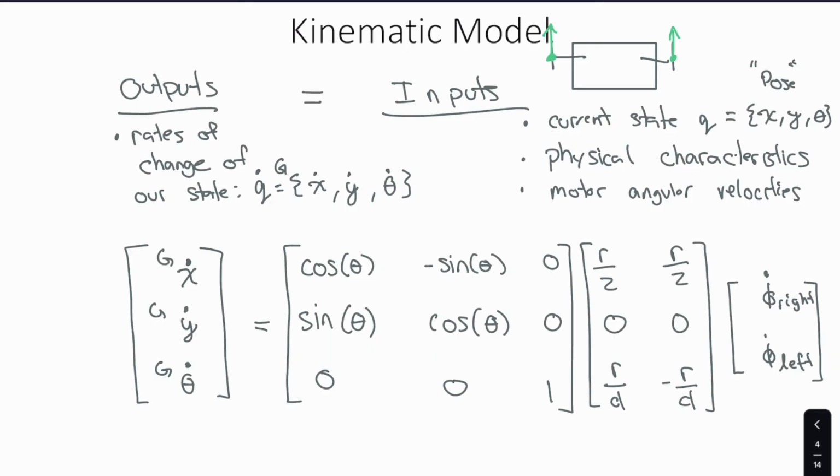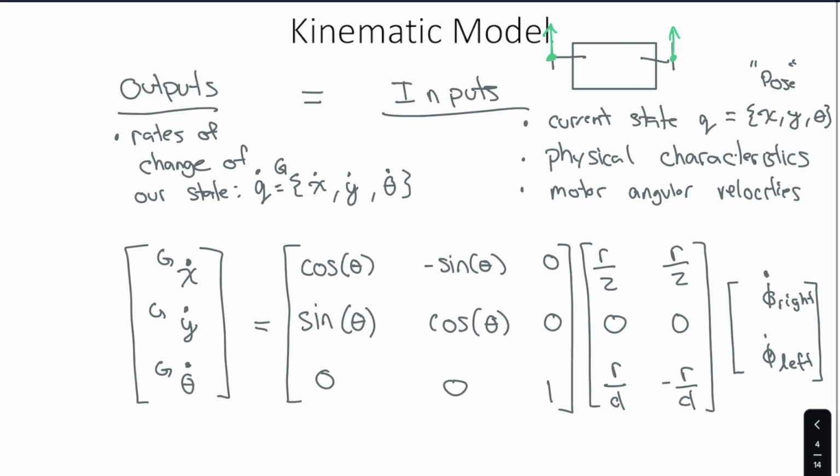And essentially what we want to do is figure out where is the robot as we rotate the wheels. So we set the PWM duty cycles, and that results in rotating the 2 wheels. And we want to know what happens to the values for x, y, and theta. So how much do we rotate in our global coordinate frame, and how far do we move or translate in the global coordinate frame's x and y axes?